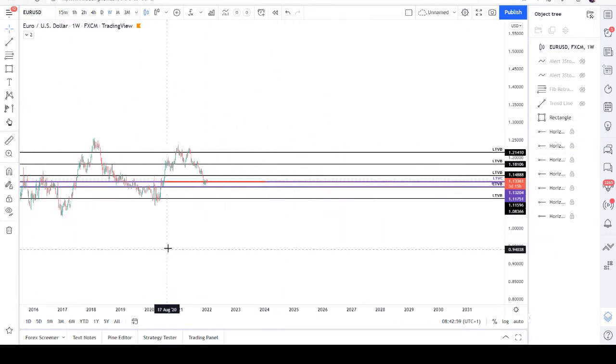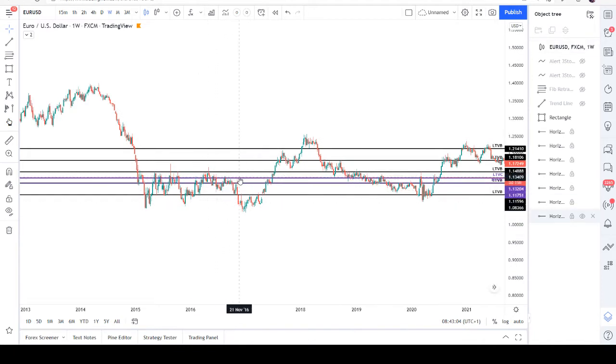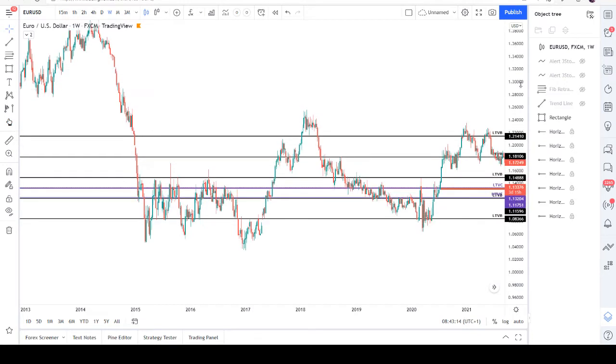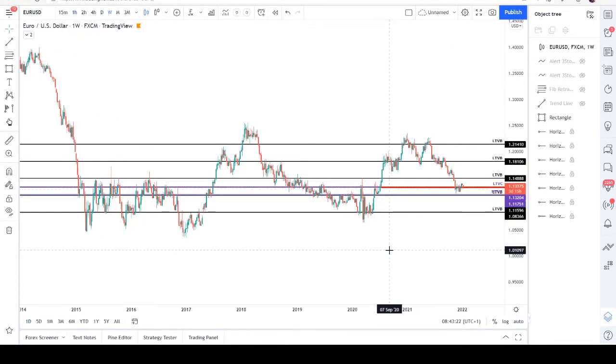We can see in many occasions how this level, which is now a support resistance because it is a volume area, a very important volume area. It's not an important volume area because it's a support and resistance. That's exactly the inverse. Exactly like sometimes the fib on some swings.